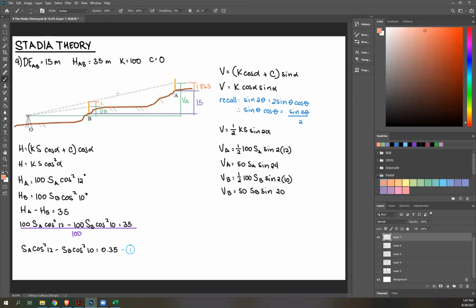Sorry, that's not 1.5. It's from the ground. And this is the 1.5. Okay, so readings are from the distance from the bottom of your level to the top. So that's your 1.5, this is your 1.86.